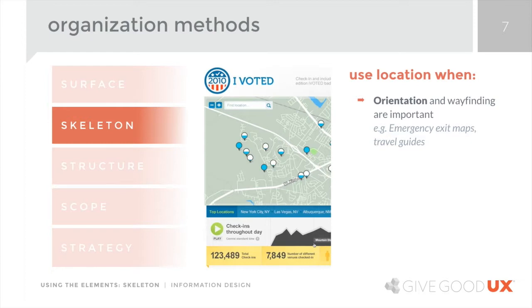We also use location to organize things when the information at hand is contextually related to geography. If you're touring a historic site, you typically have a map in your hand that tells you where all these important things happened. You walk up to this pile of stones and, hey, this used to be a settler's cabin in the early 1800s.